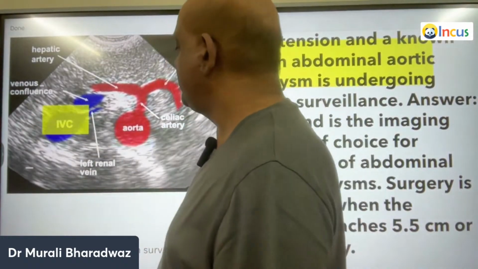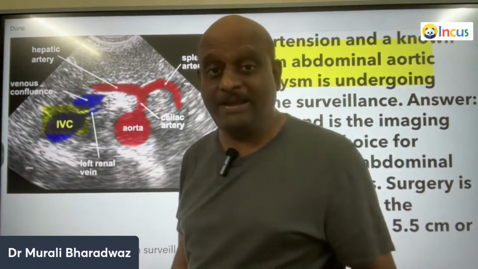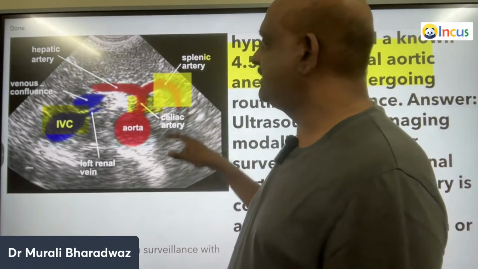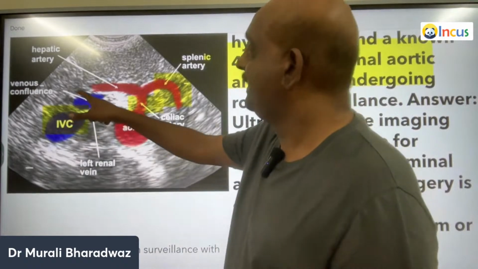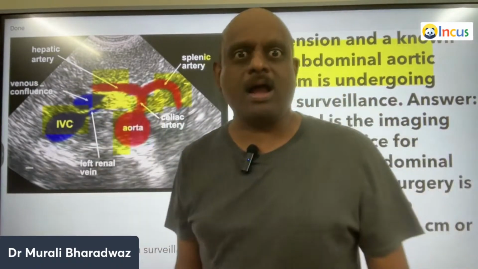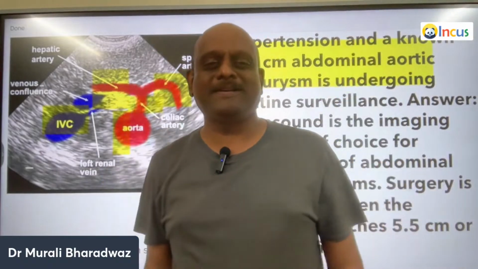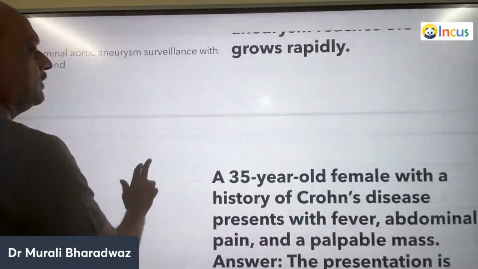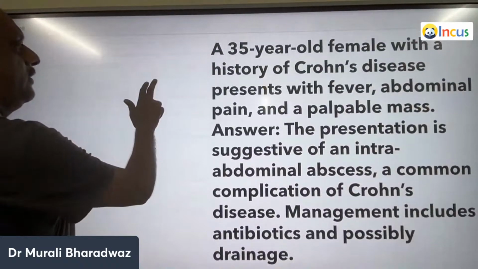So doctor, this is the IVC. This is the celiac artery. This is the splenic artery. This is the hepatic artery. This is the aorta, which is aneurysmal, is what you have to basically remember. So that's the reason ultrasound is very, very useful.